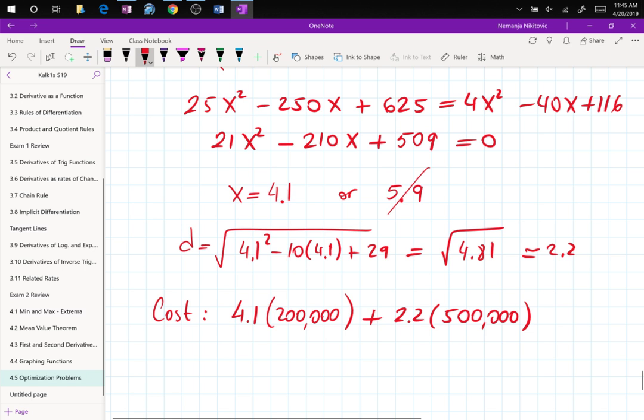So this is going to be 820,000 plus 1.1 million to come up with 1,920,000.